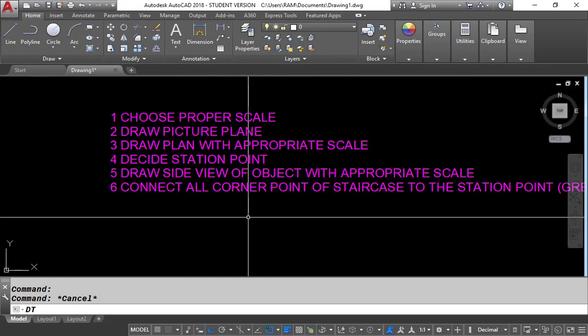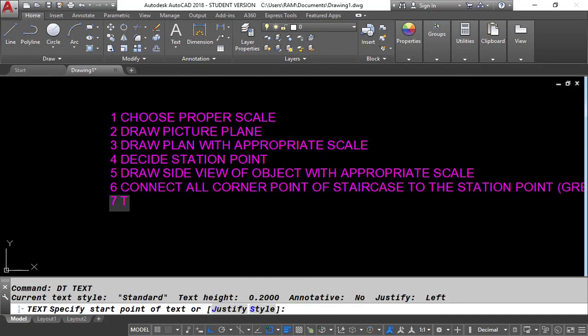Next you have to take the horizontal projection from the side view.